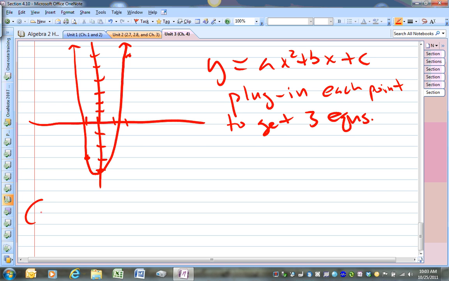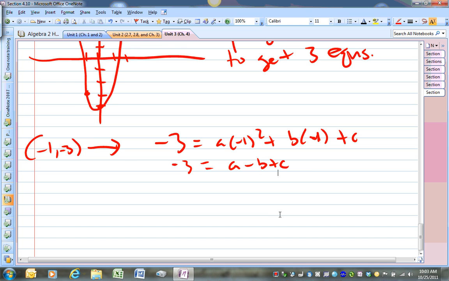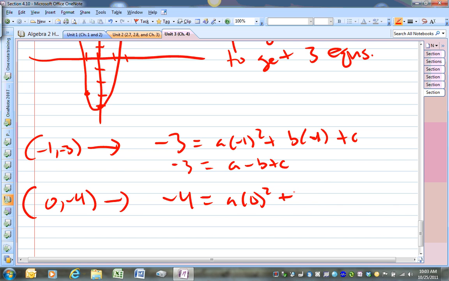So if I start with (-1, -3), you're going to get -3 equals a(-1) squared plus b(-1) plus c, which will be -3 equals a minus b plus c. If we do the next one, that'll be (0, -4). -4 equals a(0) squared plus b(0) plus c.